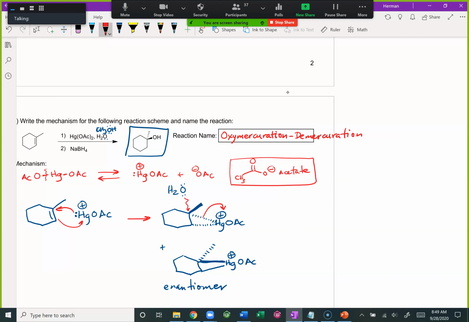So notice what's happening here. Bond making, bond breaking, right? And so now you have this. This is another intermediate. If you were doing this synthesis, this would be your reactants.